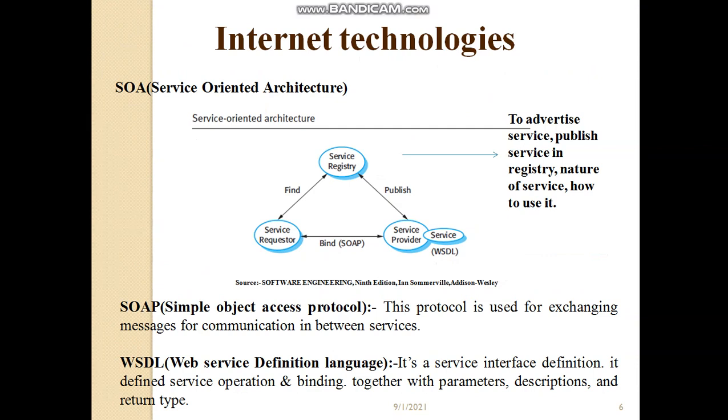With the help of that they can exchange messages and communicate with each other. And there is a service registry that stores all the details about the service, the nature of the service, how to use the service, and what kind of service it is. All this information is stored in the service registry.